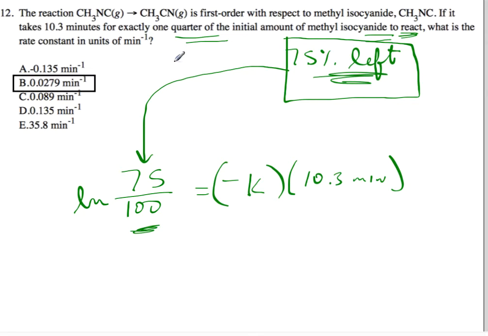They're asking me to solve for k, which is unusual. This doesn't happen very often. And the amount of time it takes is 10.3 minutes. So I'm going to plug that down there for my t of 10.3 minutes. When I solve for k, I'm going to obviously find it in minutes because my time is in minutes right there, and that's what they're asking me for, just a little math after that point.